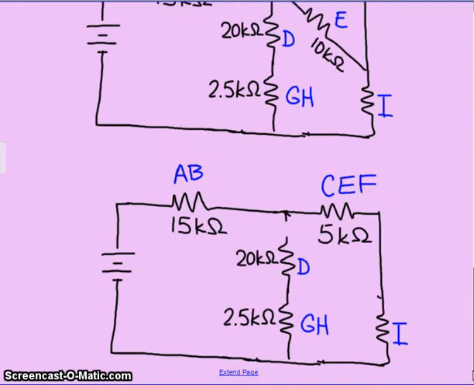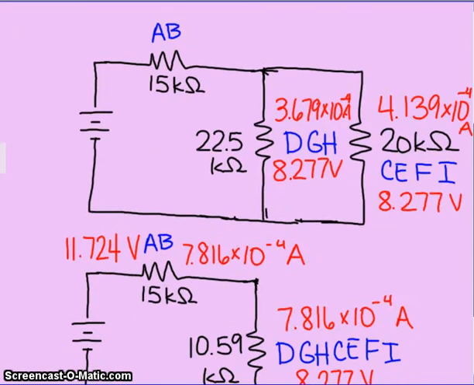In this picture, you notice D and GH are separate. And they're in series, so they're going to have the same current as resistor DGH. DGH had a current of 3.679 times 10 to the negative fourth amps.